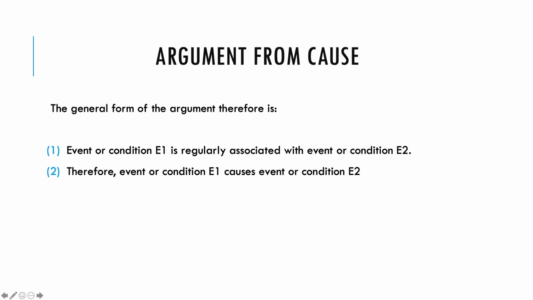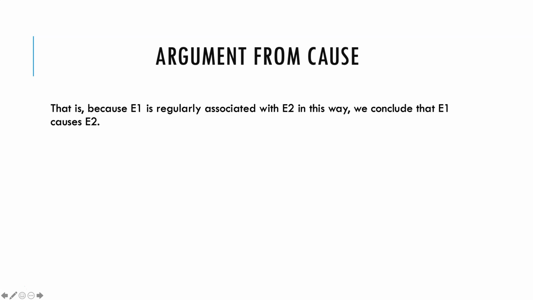Event or condition E1 is regularly associated with event or condition E2, therefore event or condition E1 causes event or condition E2. So E1 and E2 are associated, so E1 causes E2. That's to say that E1 is regularly associated with E2 in this regular kind of way, and we conclude from that that E1 causes E2.